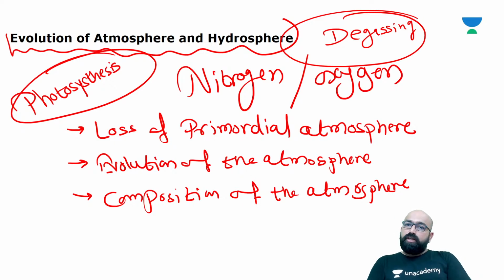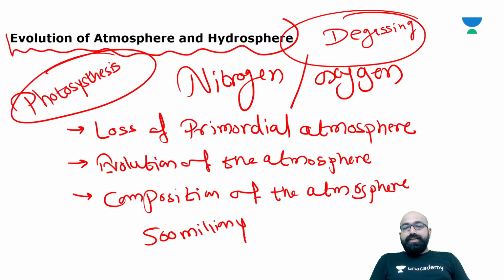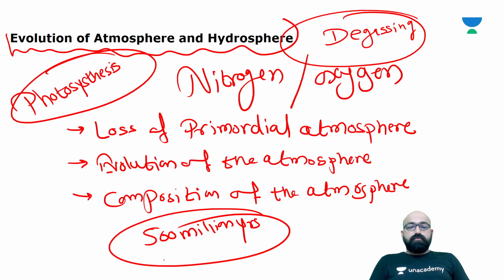The rainwater falling onto the surface got collected in the depressions to give rise to oceans. So the Earth's oceans were formed within 500 million years from the formation of the Earth.